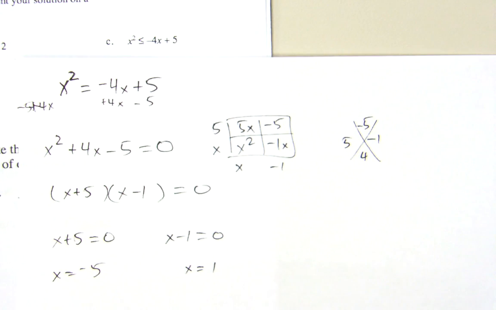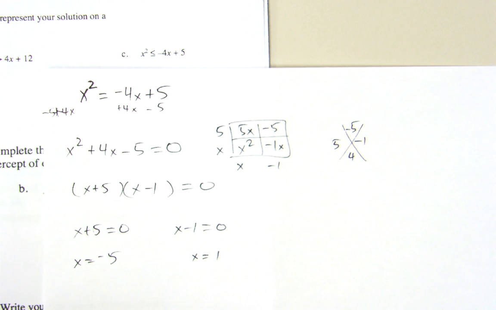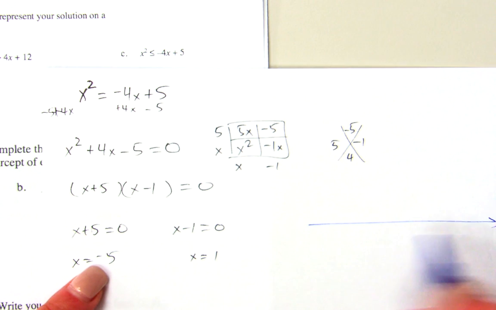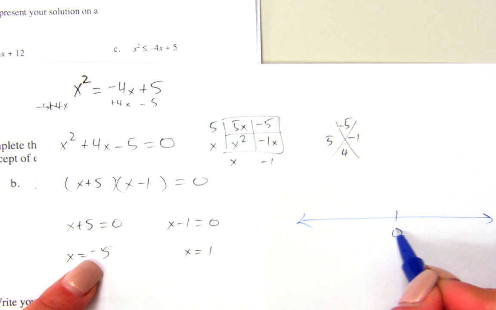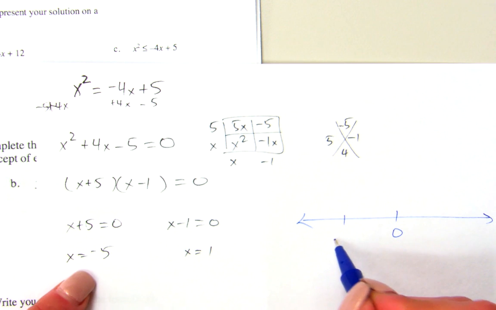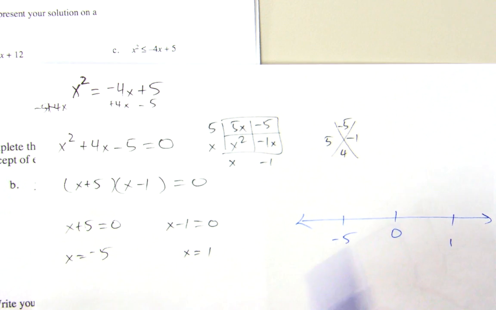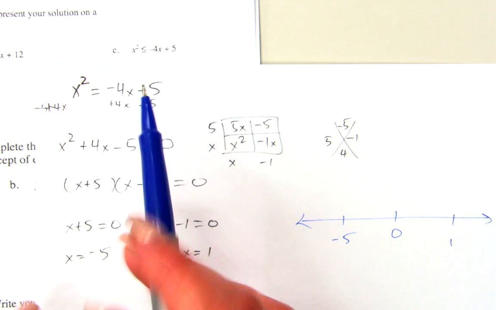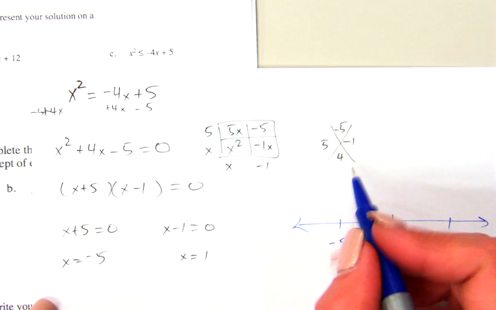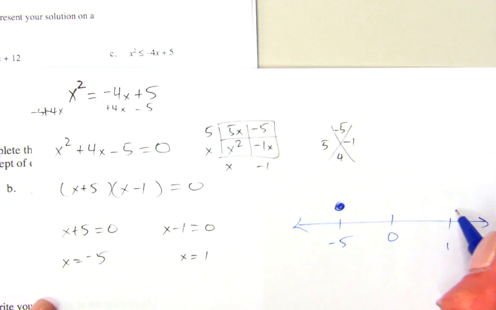Okay, now you need to set it up on a number line. So our number line has a 0, here's a negative 5, here's a positive 1. From the original inequality, we have closed circles, so a closed circle here and a closed circle here.